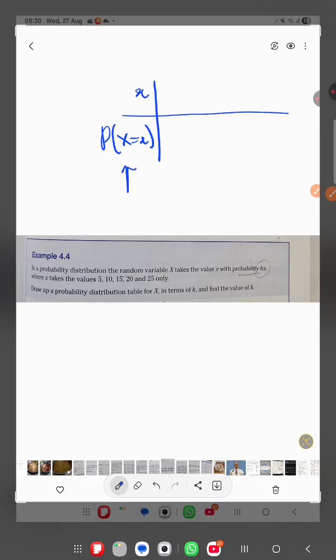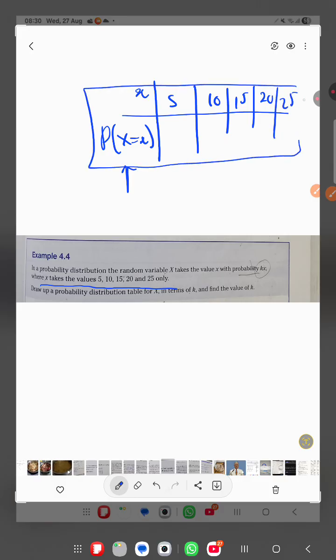That's what the probability distribution tables look like, right? Obviously, the probability is at the bottom. And probability of x is what they're interested in as well. So x takes on these values: x could be 5, 10, 15, 20, and 25. You concur?